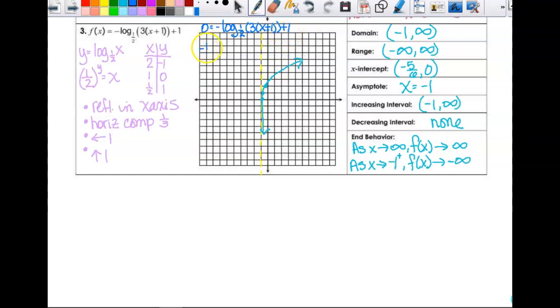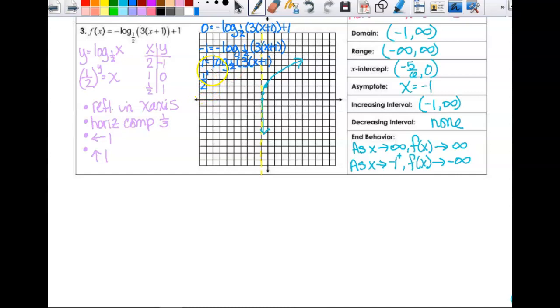That's going to give me -1 equals negative log base 1/2 of 3 times x plus 1. Then I'm going to multiply both sides by -1, so I get 1 equals log base 1/2 of 3 times x plus 1. So I have my log isolated, so now I'm going to rewrite it as an exponential.